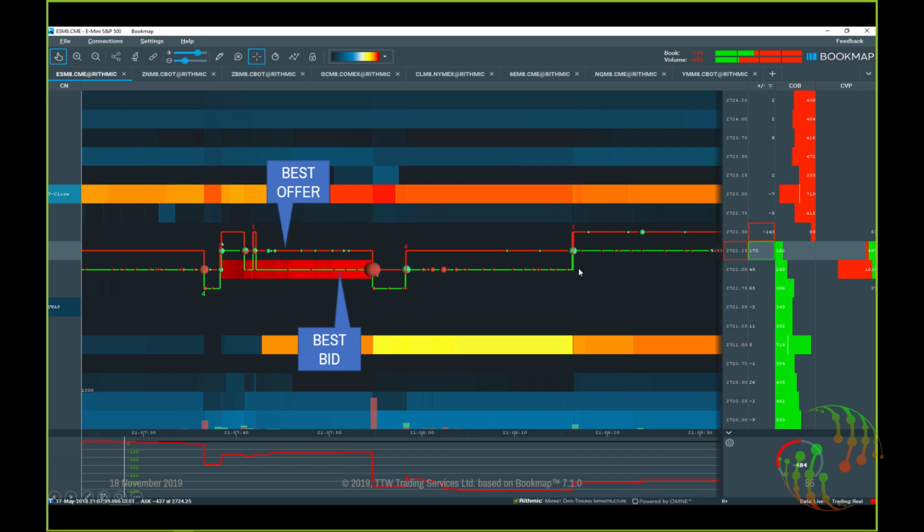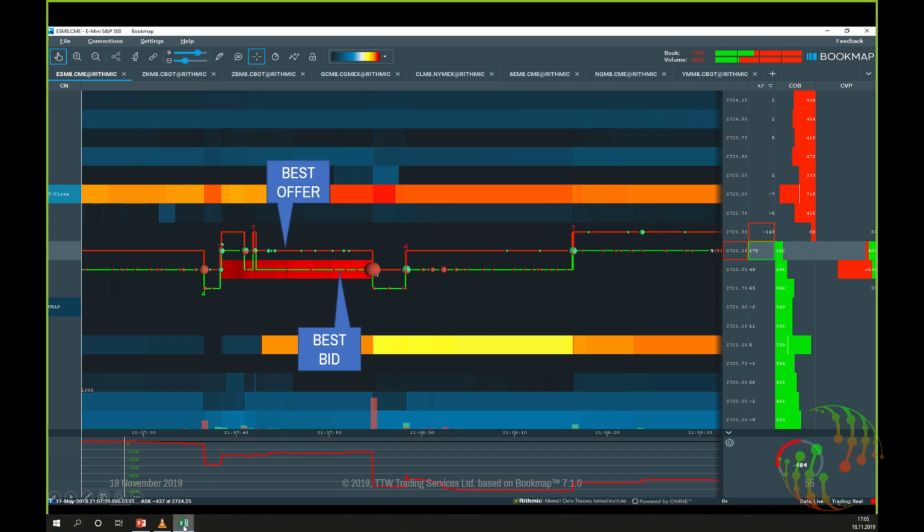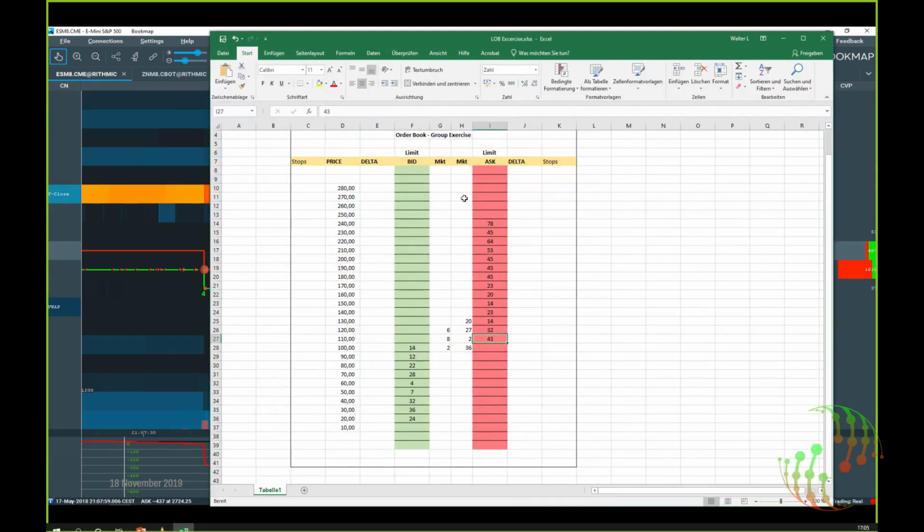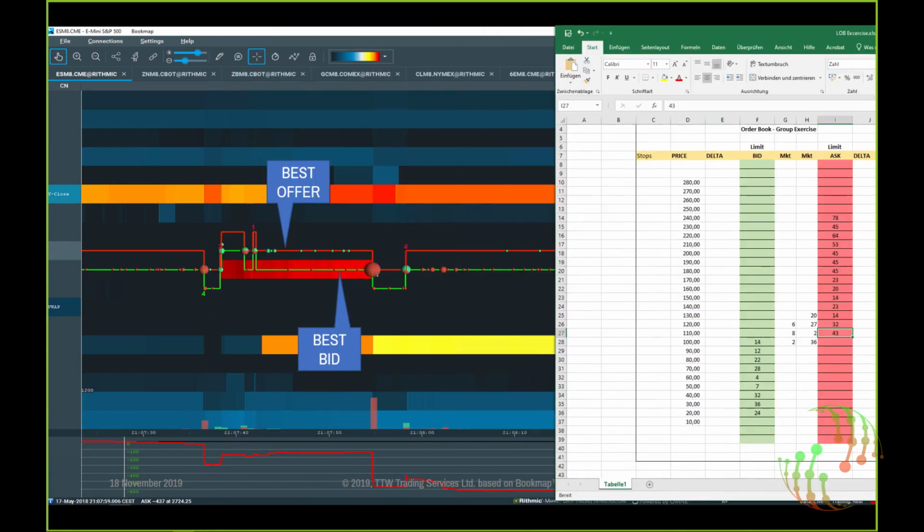So for theoretical discussion, this view is extremely helpful and good to know what's behind. But this is the visualization of the limit order book here. This is the same as what you see here, absolutely the same. Only the presentation is totally different.